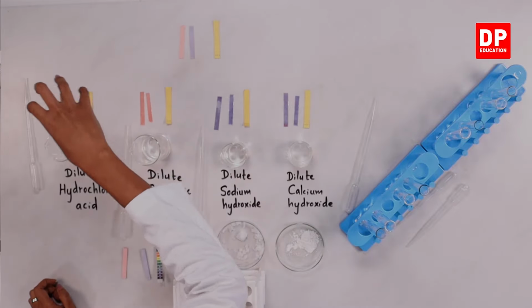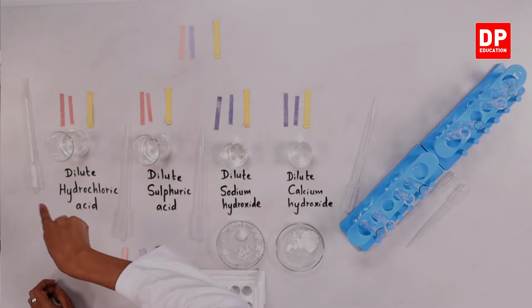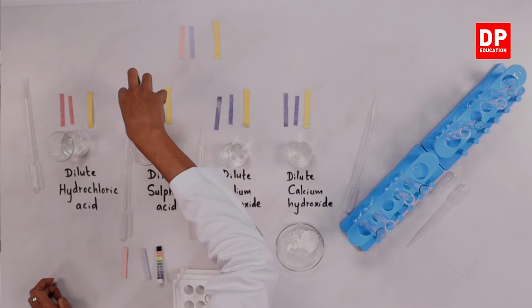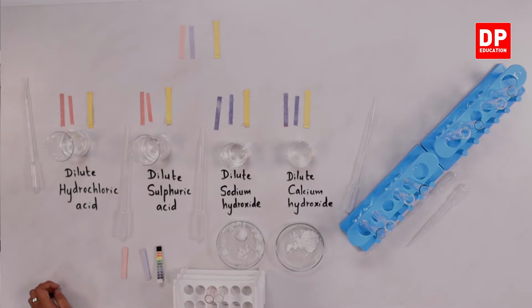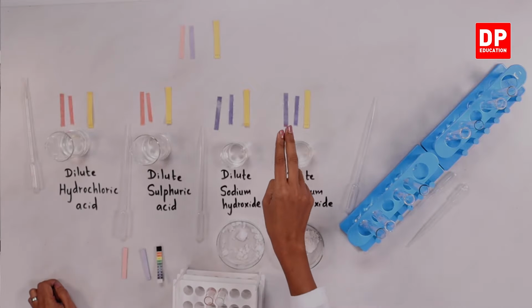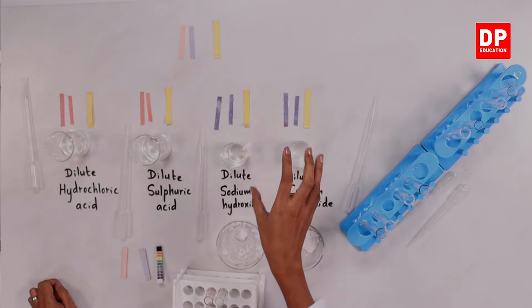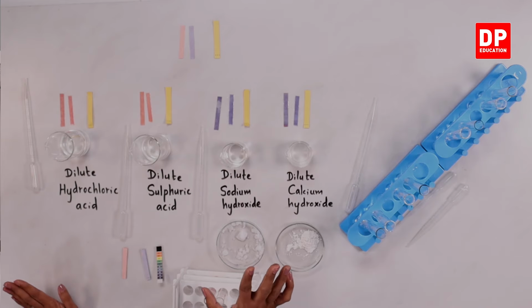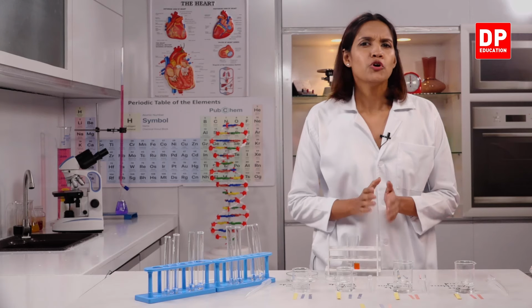Dilute hydrochloric acid and dilute sulfuric acid give red with litmus paper, right? And dilute sodium hydroxide and dilute calcium hydroxide are two bases, and the color of the litmus paper in a basic medium is always blue. Okay, children?